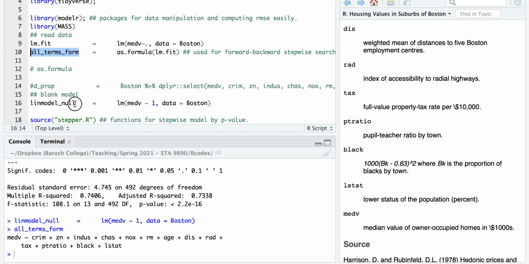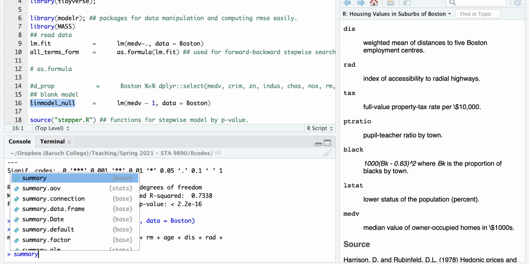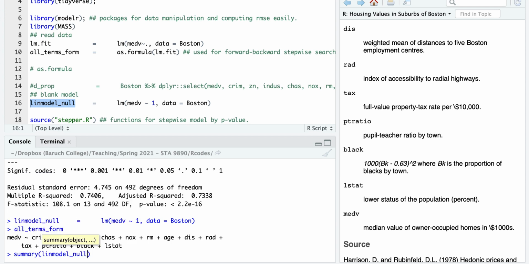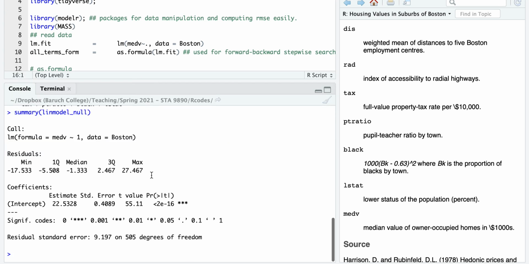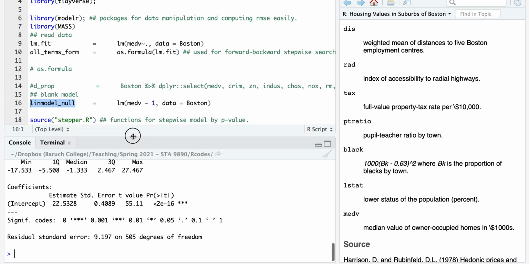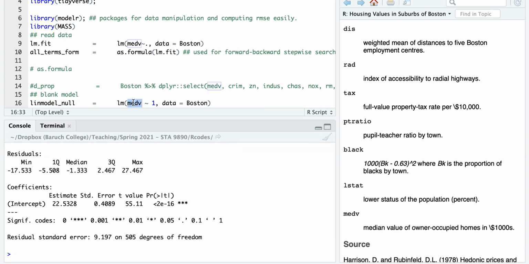But now let's move on to the null model. It's a model which has no predictors. Okay, and yeah, this is what we get essentially. Just an intercept, which is going to be the mean of, if I'm not mistaken, the values.